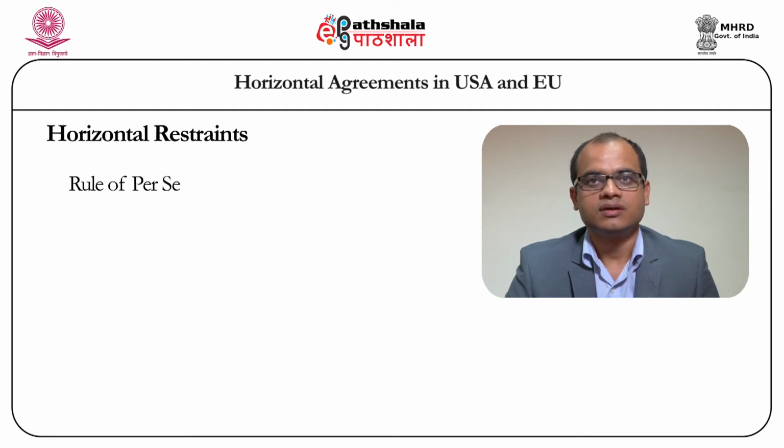The reasons for treating them stringently include that they have been labeled as naked restraints which are manifestly anti-competitive and pernicious. And the courts have reasonable experience of dealing with such restraints. The experience of the courts suggests that horizontal market agreements among competitors should be treated as per se unlawful.